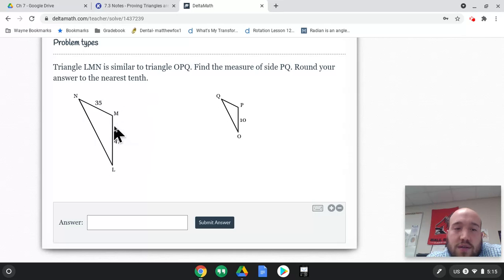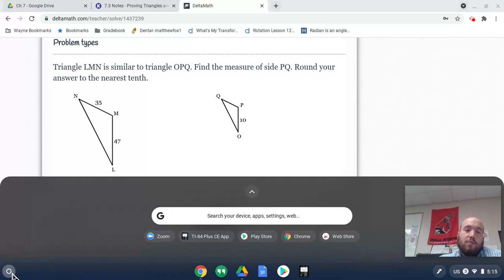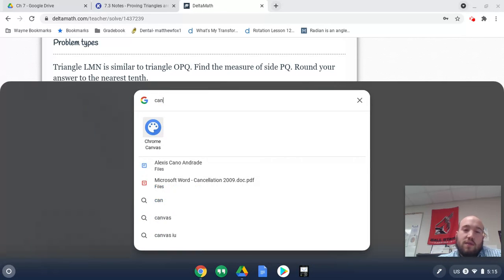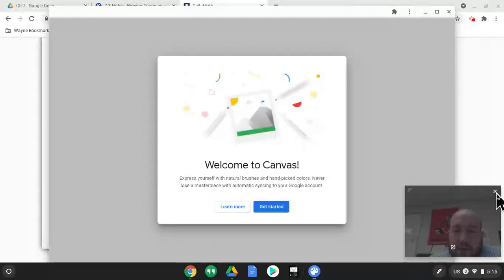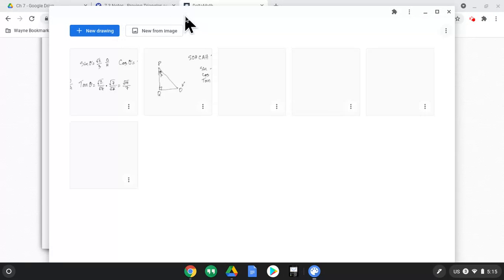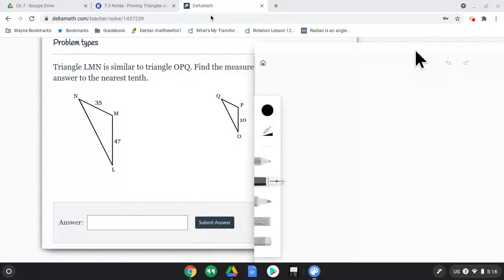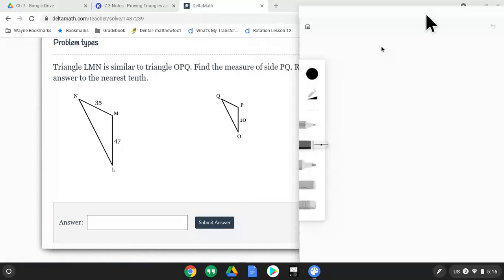LMN, so we know that LM matches up with the OP, so 10 there. So if we would draw this, let me pull up a blank page. Let me close this out so I have some room. All right.